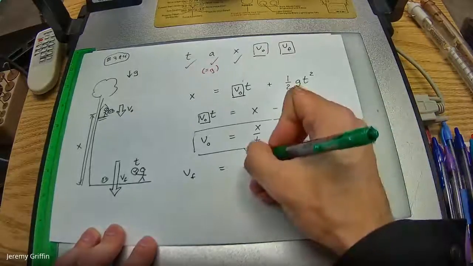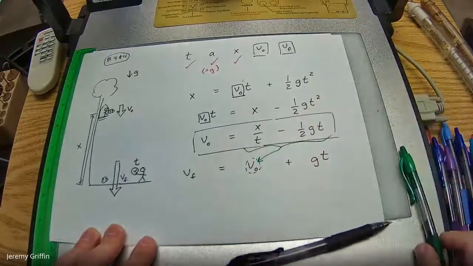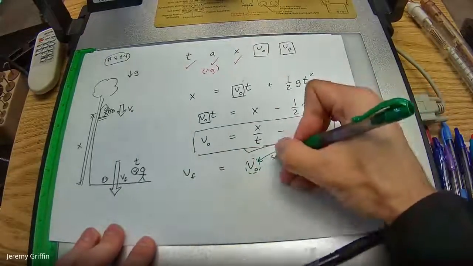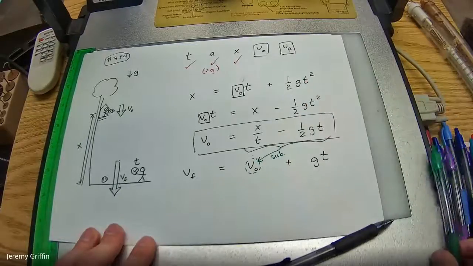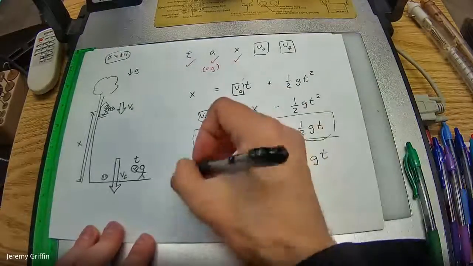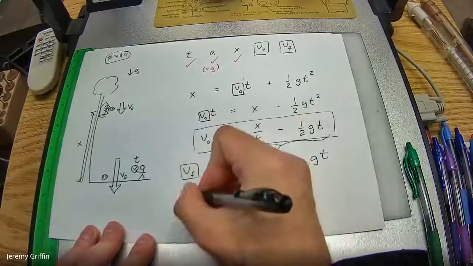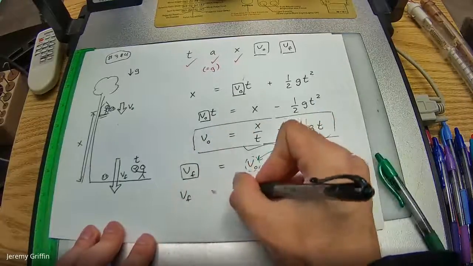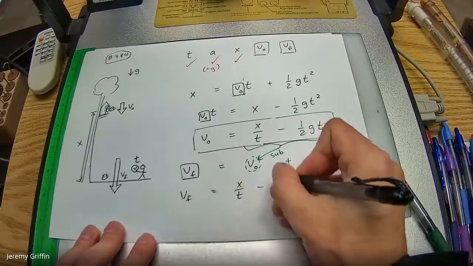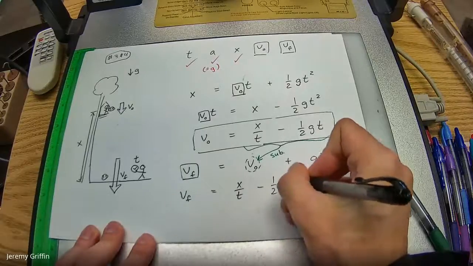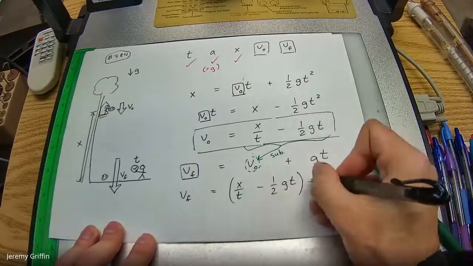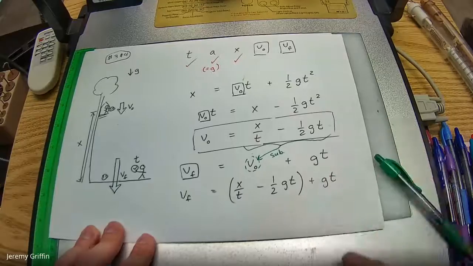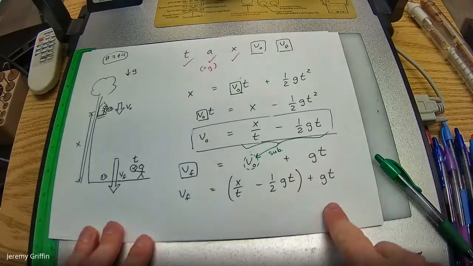Can you just substitute that in? Okay, solve for crash speed. That's going to look like x over t minus half g t, and I got this plus g t tagged on the end from here.